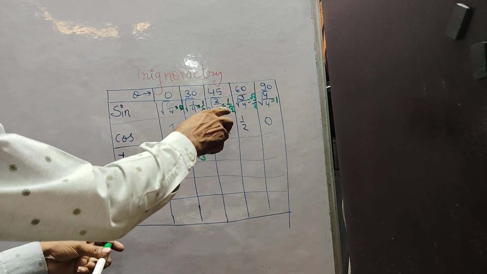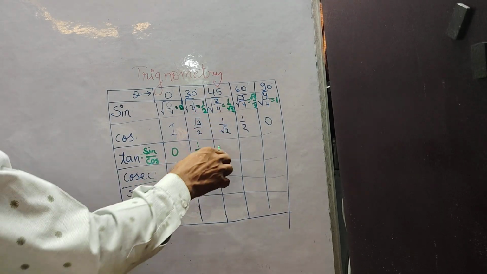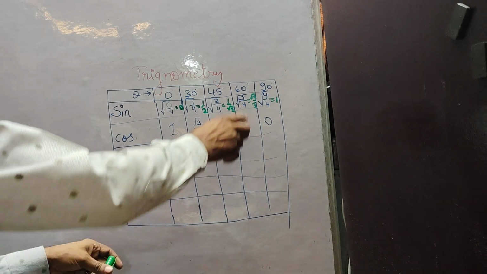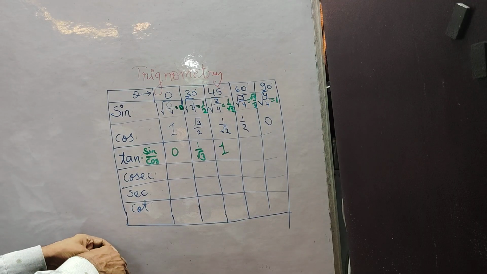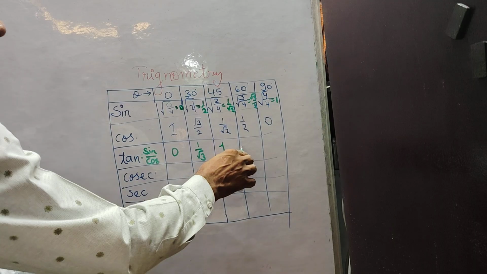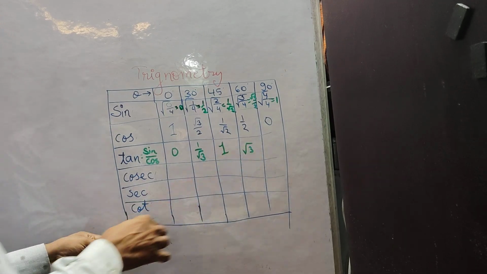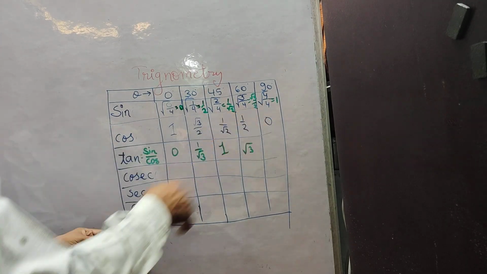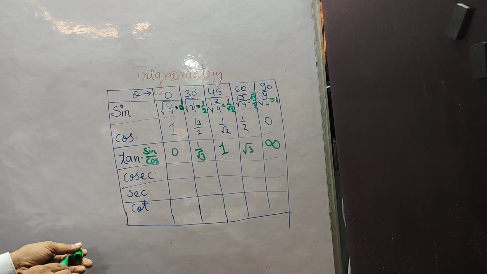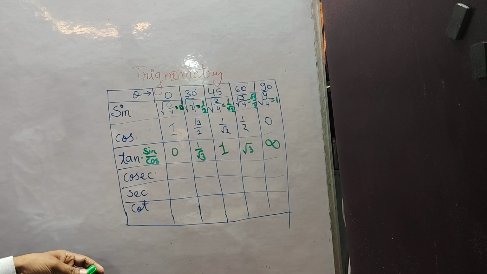Same value divided by same value is 1, so tan 45 is 1. Now tan 60 is sin 60 upon cos 60, so the 2 cancels and root 3 is left. And tan 90 is 1 over 0, which is not defined, or we can say infinite.